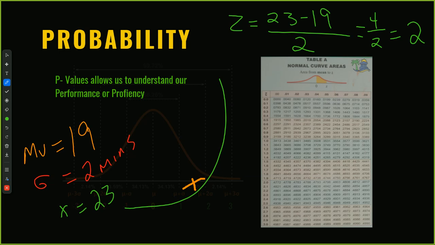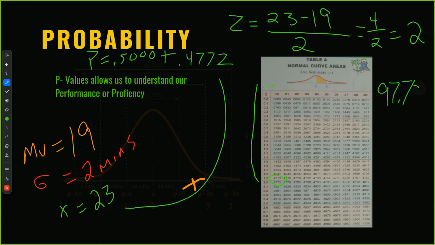From there, I'll take that z value and go down, right there, and then I'll move over to the right there, and I'll find that my z-score is going to be a p-value of 0.4772, plus 0.500, which when I do that, I get a probability of around the 97th percentile, 97.72%.